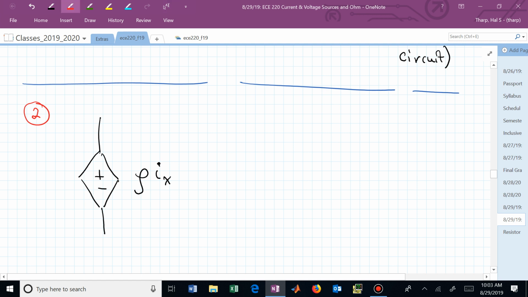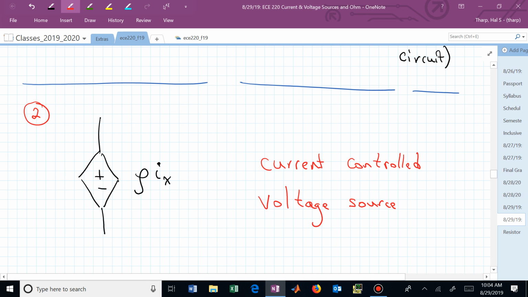This is going to be a voltage source, but it's a current-controlled voltage source.